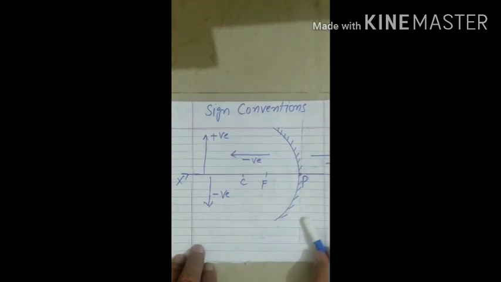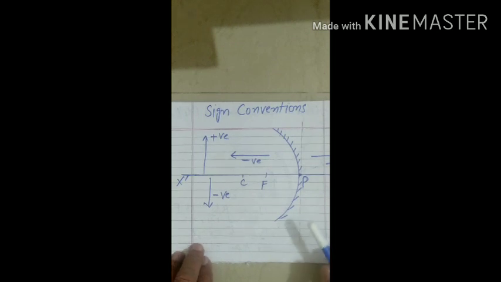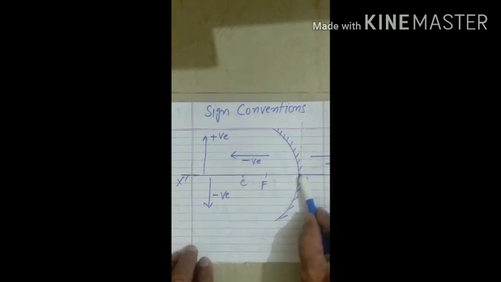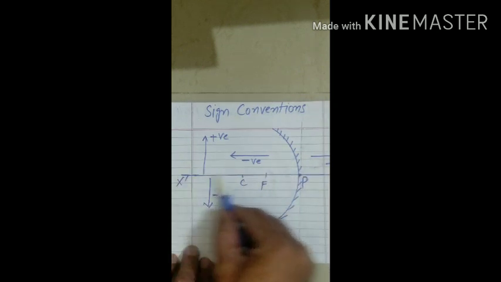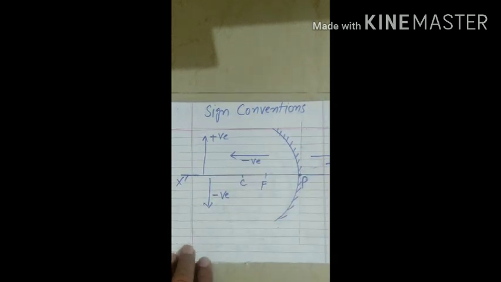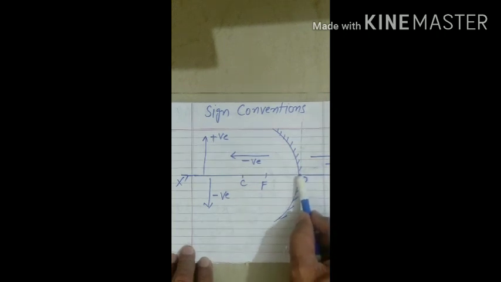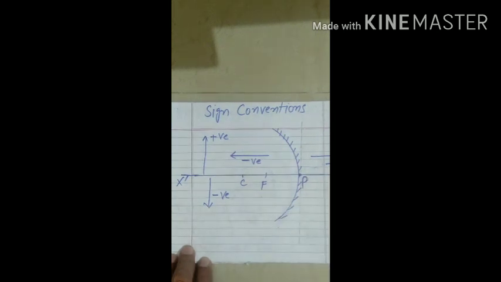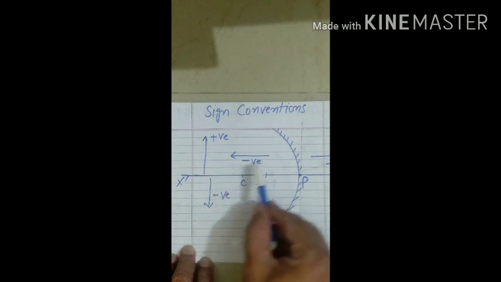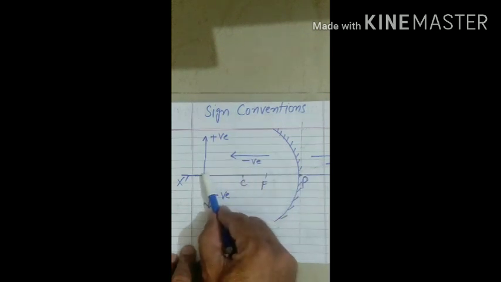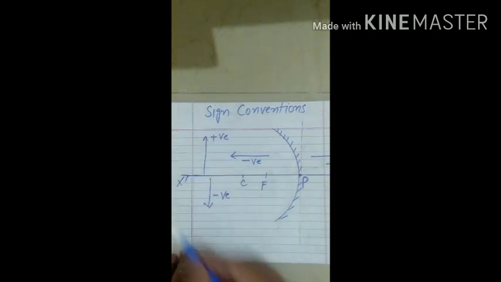then as per the sign conventions, the pole is considered as the origin and the principal axis is considered as the x-axis. All the distances are measured from the pole, whether towards left or towards right. Children, whenever you measure any distance towards the left side, it is always negative. Whenever you measure any distance perpendicular and above the principal axis, it is always positive.